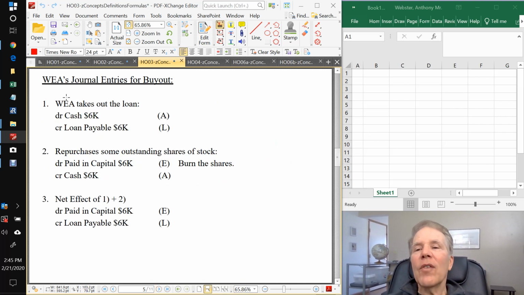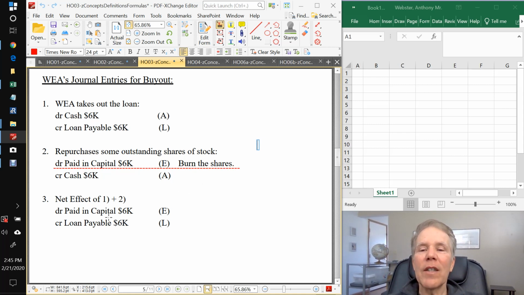Okay, and so we saw the journal entries for this. You take out the loan, you get the cash, but now you have a new liability, and then you buy back some of the owner's shares, and that's of course paid in capital. You live by the paid in capital, you die by the paid in capital, and paid in capital is part of equity, right? And then the cash goes out the door to pay that owner to get their shares.